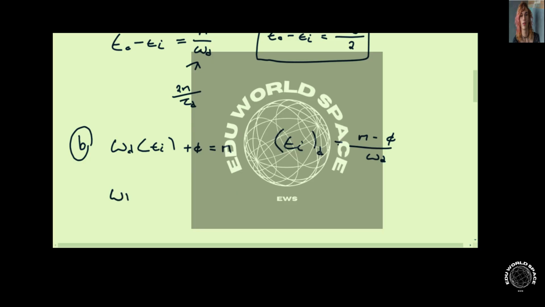We also have omega d t naught plus phi equals 2 pi, oops, let me go back and fix that. There we go. And this is going to equal 2 pi minus phi divided by omega d. Okay.